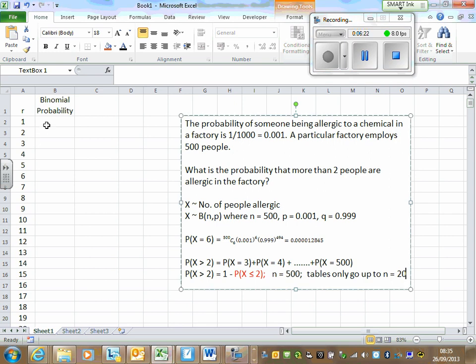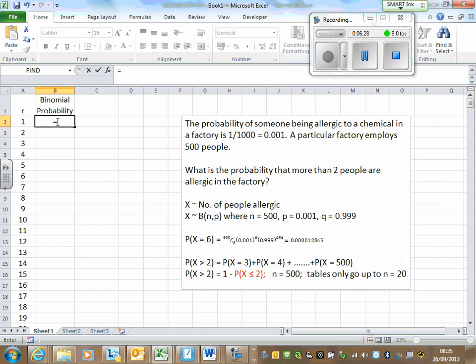I'm going to demonstrate this to you using Excel, because Excel's powerful enough to be able to deal with this. What we're going to get is the probability that a person randomly chosen is allergic. This should be quite simple.